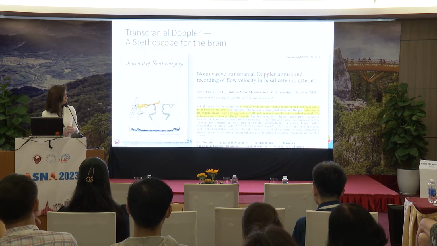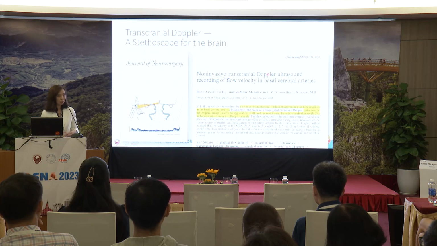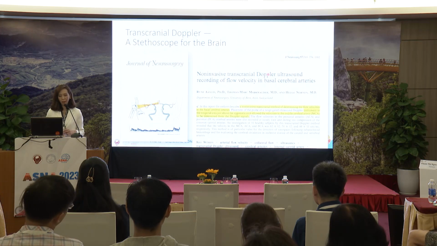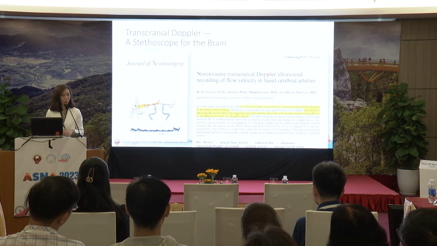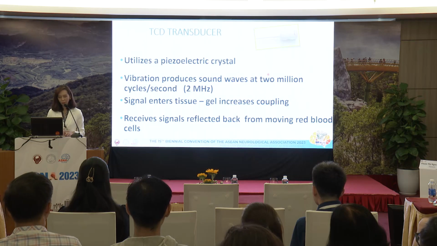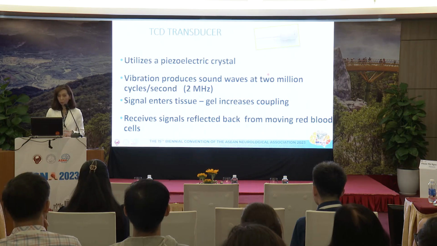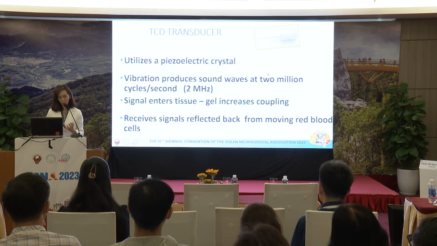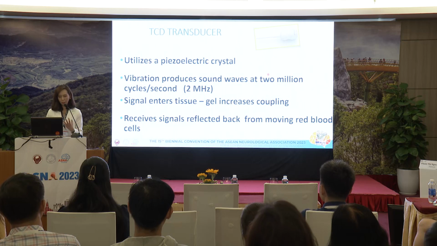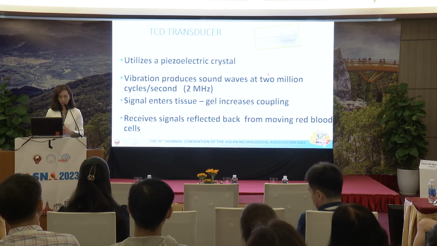TCD has been around for quite a long time, since 1962. At first, it was thought to be a stethoscope of the brain. We use an ultrasound probe with low frequency, usually 2 megahertz, and the signal enters the cranium, and we get the signal from the blood vessel.